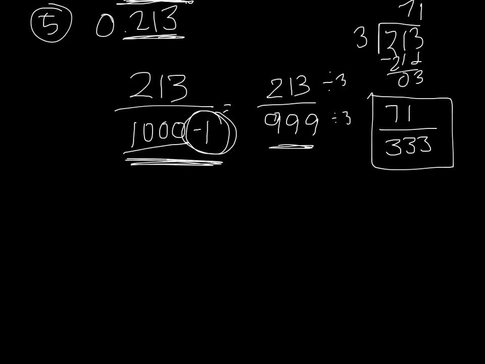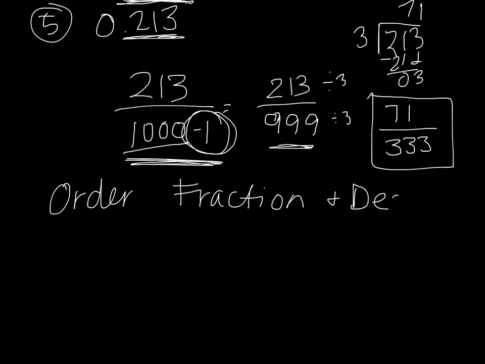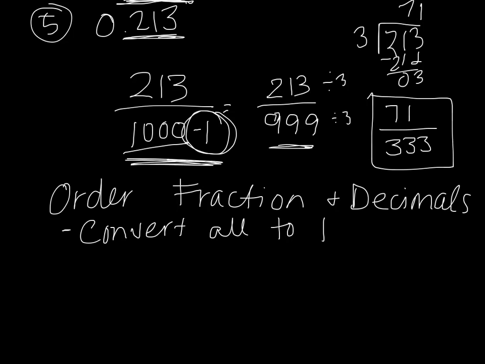I know we had a terrible time with this last year, so really, it's ordering fractions and decimals. Okay, so to do that, we need to convert all of our problems to the same type.